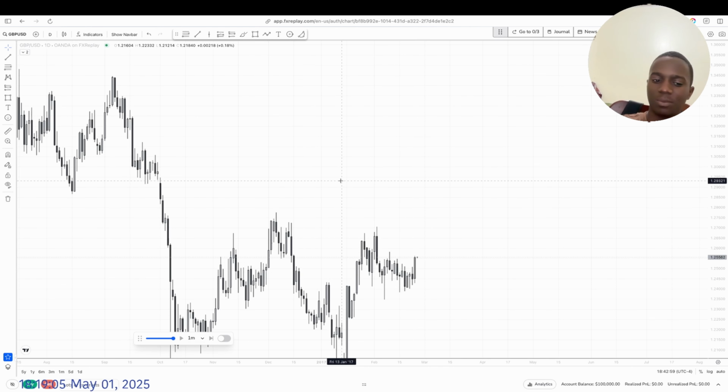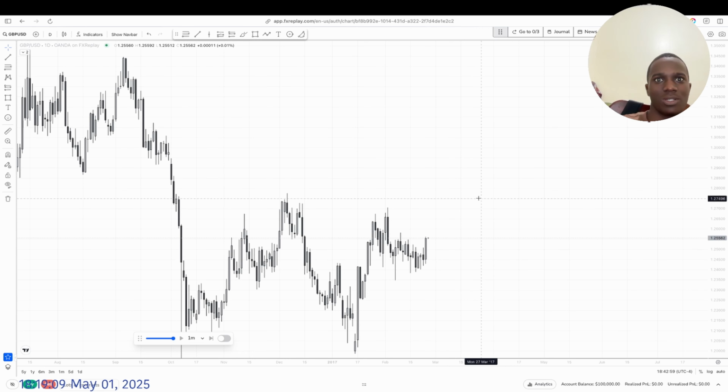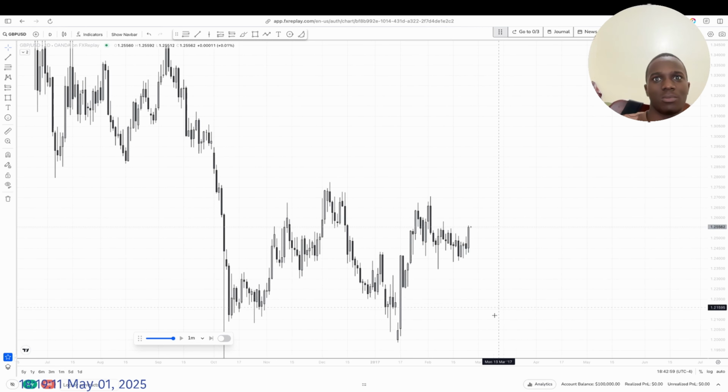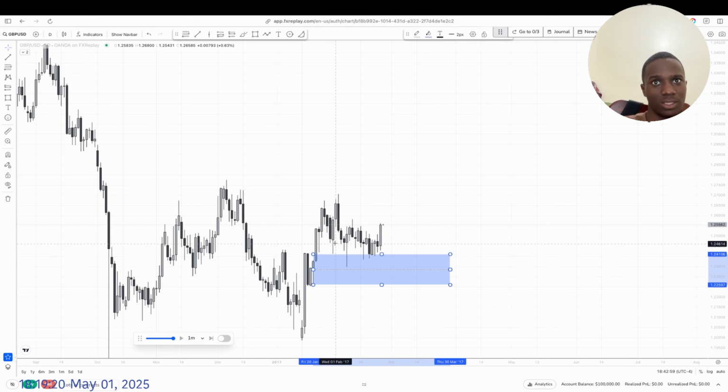So maybe let's see if we can find a buy, because I think this is one of the times where it would like to go a bit higher, because after this shift in structure and having this uptrend, you have this daily order block which forced a reaction here. We hit it, then we head higher.